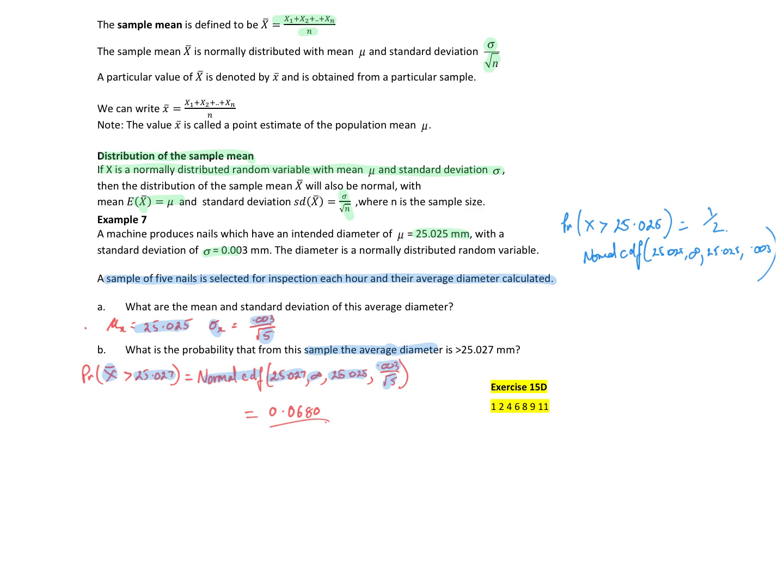So it's the standard deviation that gets affected. The probability that that particular sample has a mean diameter of greater than 25.027 is 0.06.